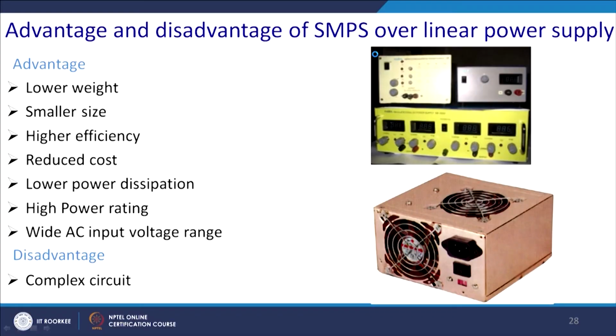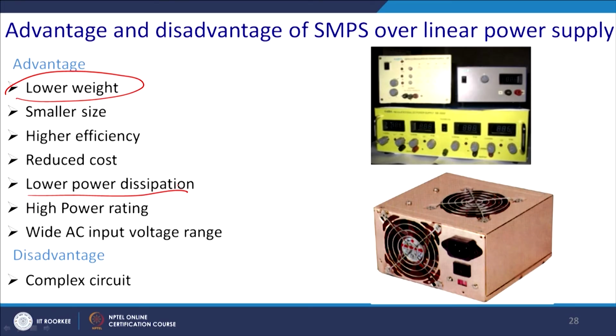One of the advantages of the SMPS is that it has lower weight with the same power rating, and is smaller in size, higher in efficiency, lower in cost, with lower power dissipation and high power rating.